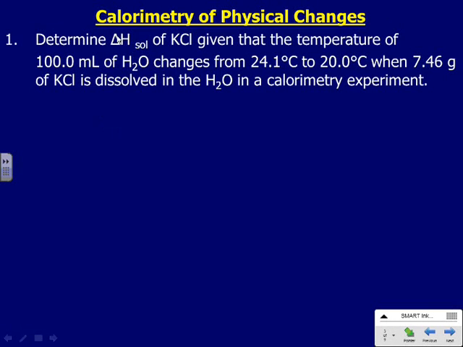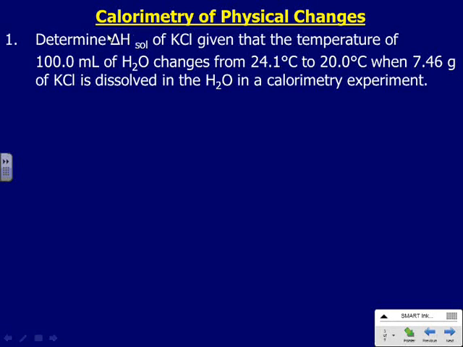And so it's asking us here to determine the heat of solution, the delta H solution, which means dissolving, of potassium chloride, given that the temperature of 100 milliliters of water changes from 24.1 degrees Celsius to 20.0 degrees Celsius when 7.46 grams of the potassium chloride is dissolved.